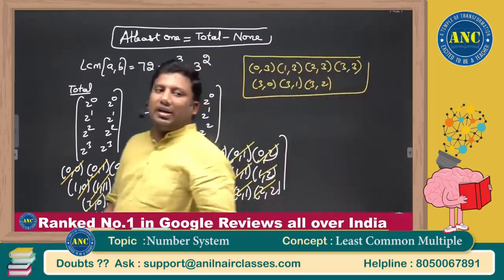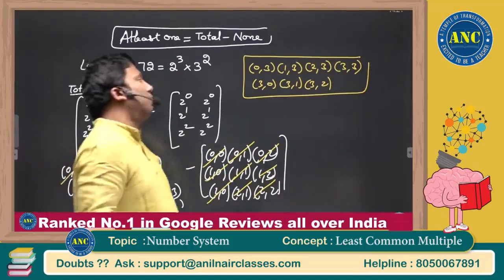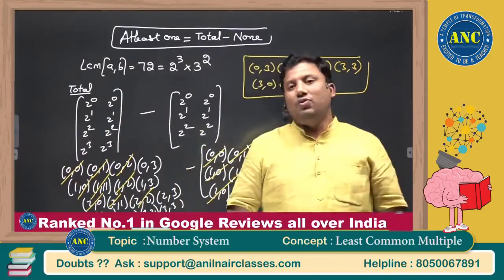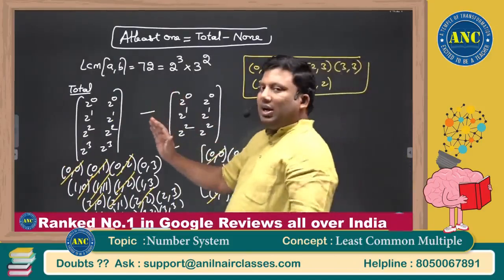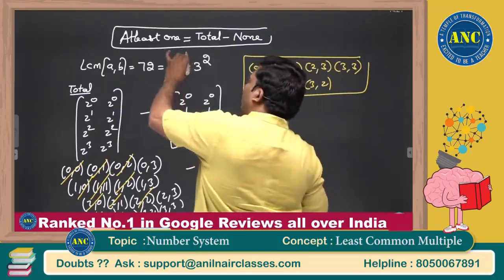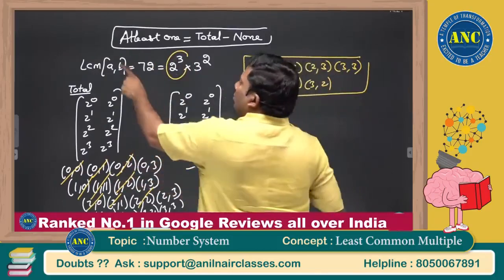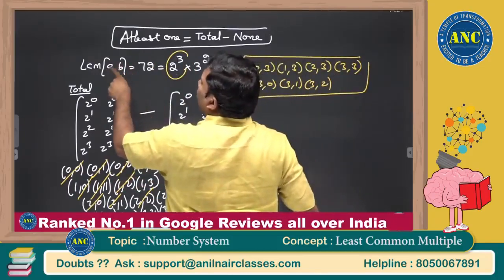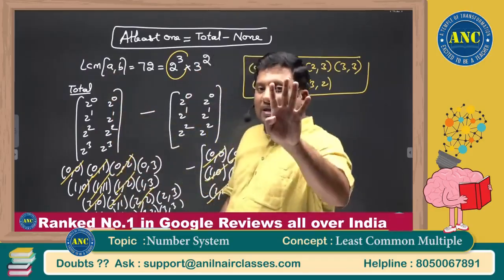Either x1 can take 3, or x2 can take 3, or x1 and x2 both can take 3. At least one can be defined as total minus none. What is total? First take the power of 2. Arrange all the powers of 2 for A: 2 power 0, 2 power 1, 2 power 2, 2 power 3. How many cases? 4 cases.